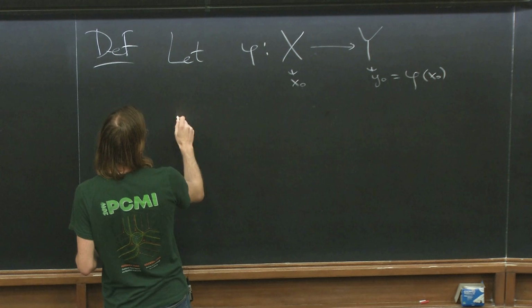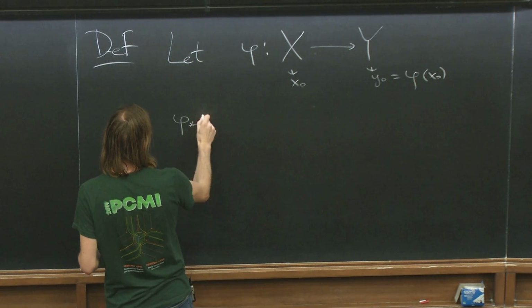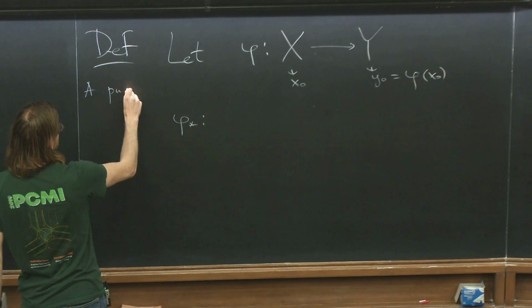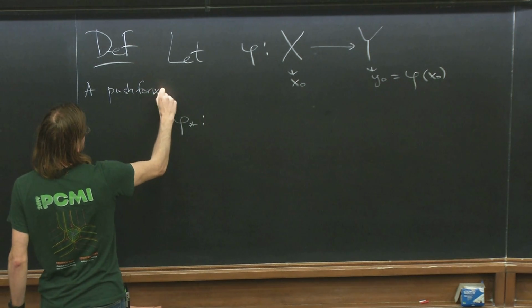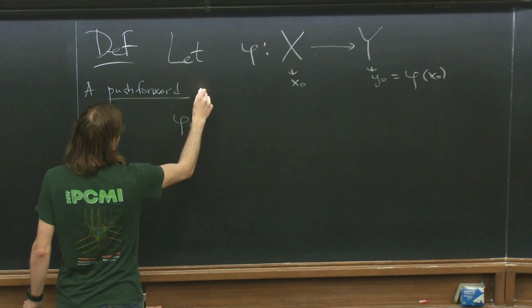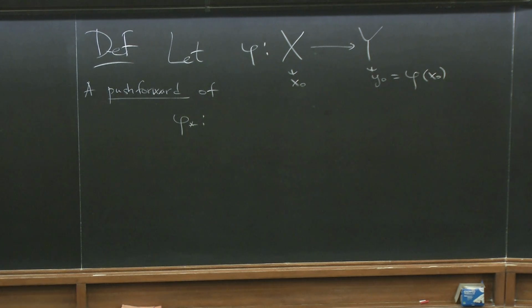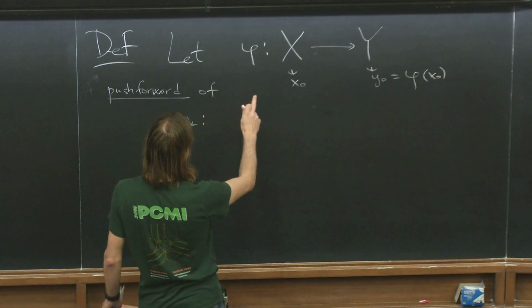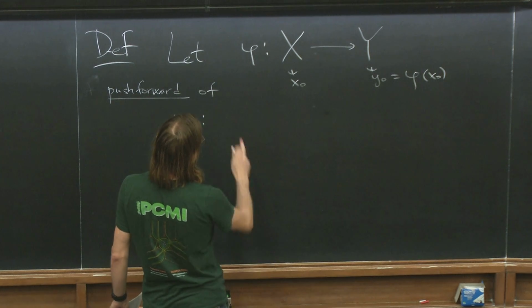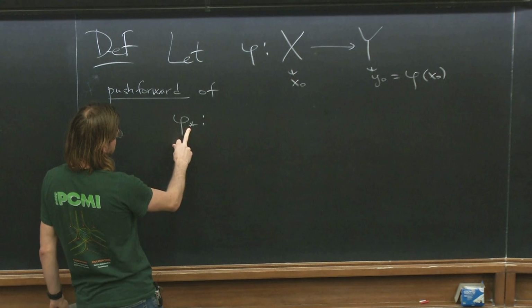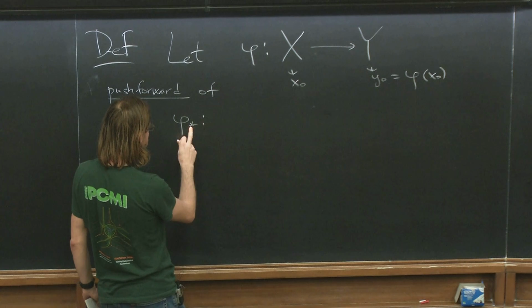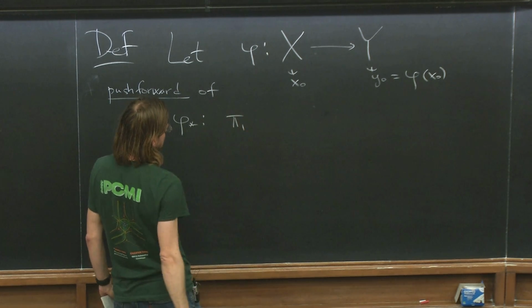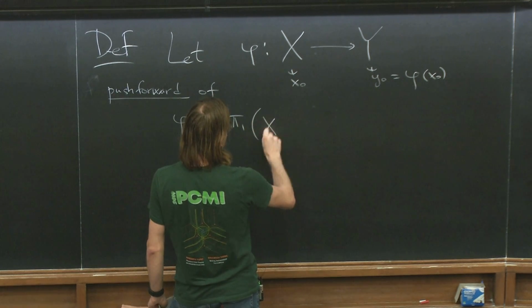And then we define what is called the push forward of a map phi, which will be denoted by phi with a star as an index, and it will be a map between the corresponding fundamental groups.